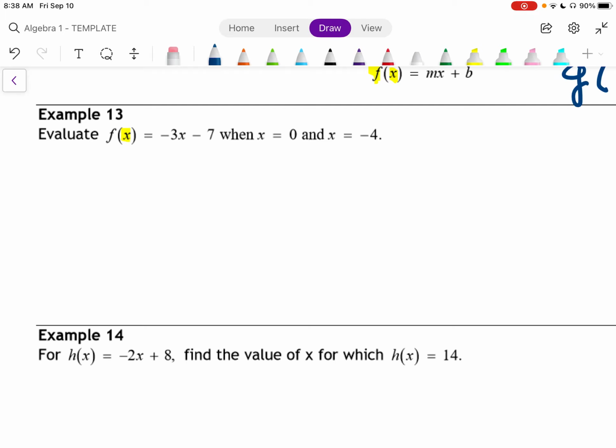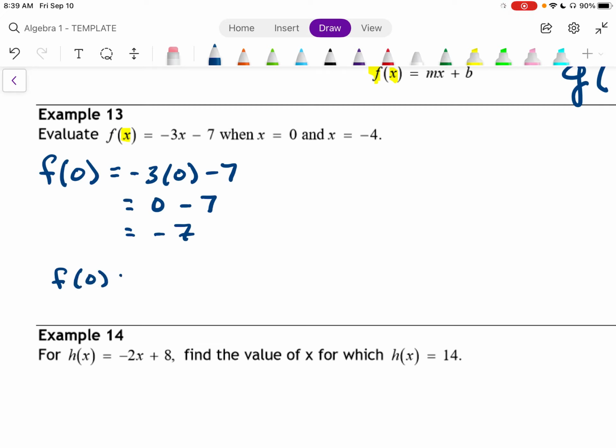So f of 0: there's no longer a variable in this function, we are plugging in 0. It will be negative 3 times 0 minus 7, which is 0 minus 7, which is negative 7. So to write our answer, f of 0 is negative 7.